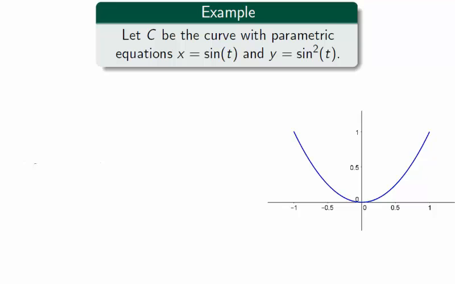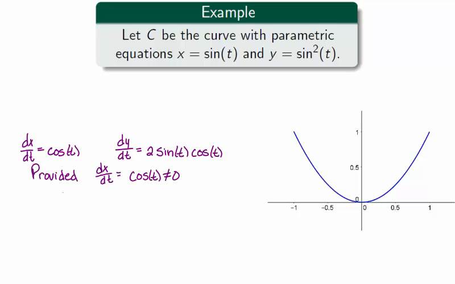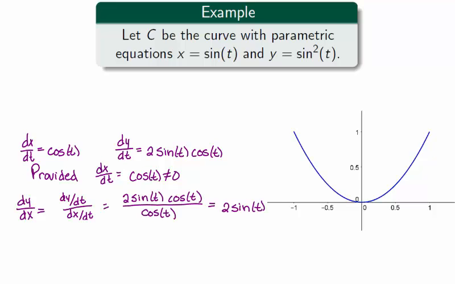Recall in our previous example that x equals sine of t and y equals sine squared of t, and that we computed dx/dt equal to cosine of t and dy/dt equal to 2 sine of t times cosine of t. Provided that dx/dt equal to cosine of t does not equal 0, we have that dy/dx equals dy/dt divided by dx/dt, which equals 2 sine of t cosine of t divided by cosine of t, which equals 2 sine of t.